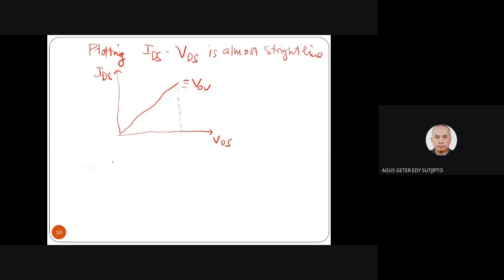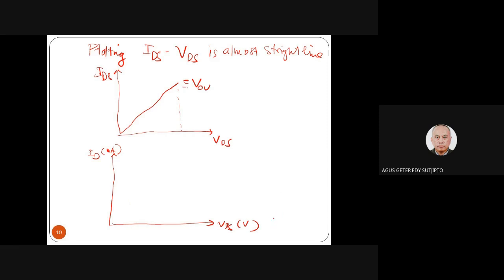In the complete plot, we have ID, for example in milliamperes, against VDS.